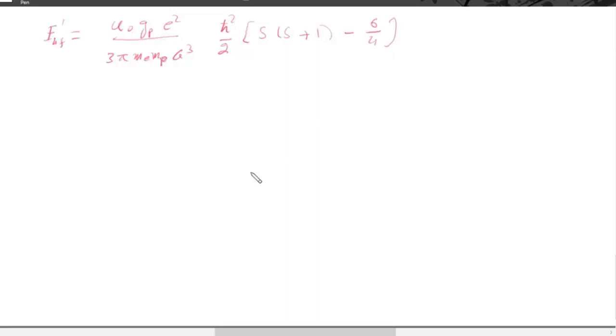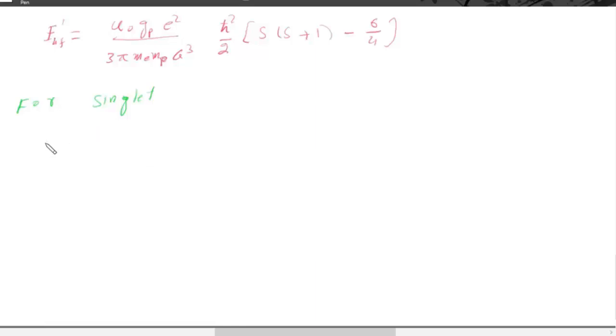Okay, now there are two states. The one is the singlet state. For the singlet state, the total spin is 0.